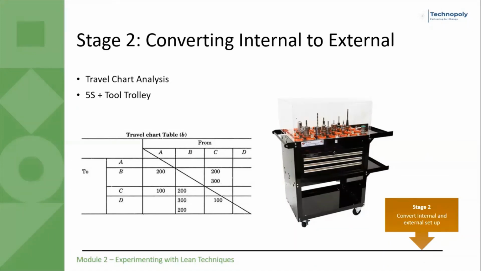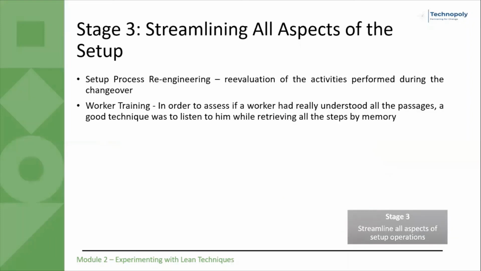The trolley can be moved around the department by its assigned worker, and a specific worker was also assigned to keep the tool trolley in order and ready to use, adapting the 5S approach. In stage 3, they re-evaluated the activities in the setup in order to discover how they can further streamline them.